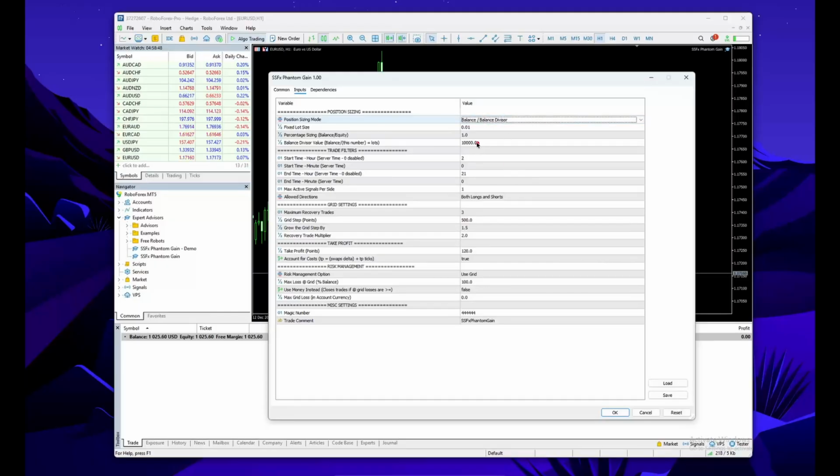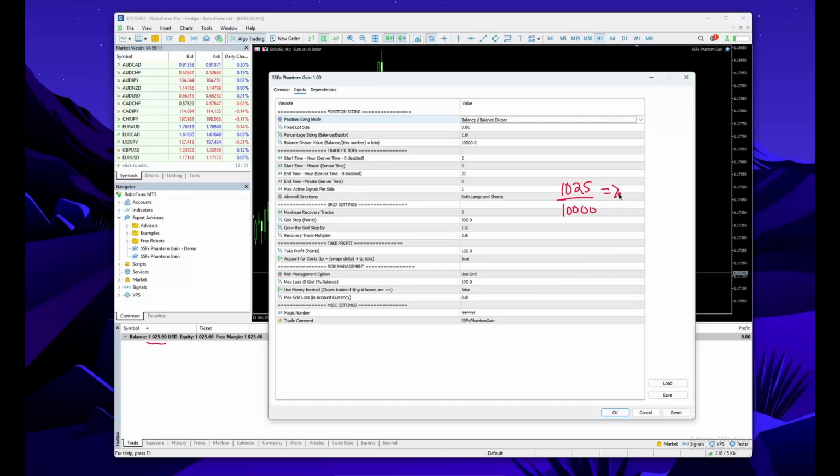case this is how the formula works, or rather the formula has already been explained by this. So assuming right now, as you can see, my balance is $1,025, and my balance divisor value is 10,000.